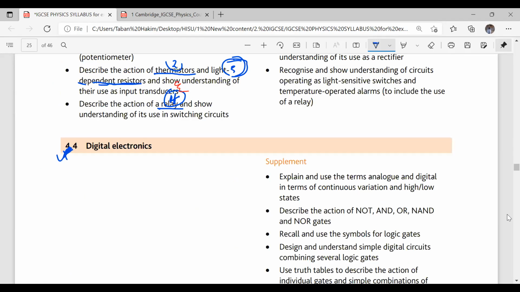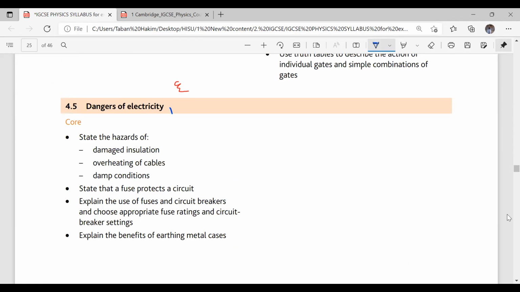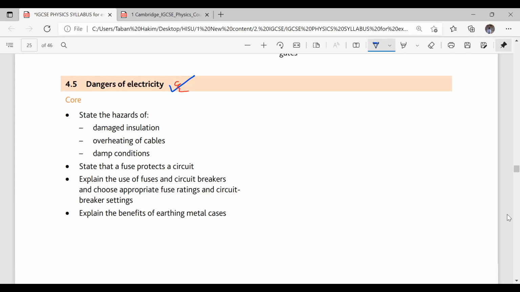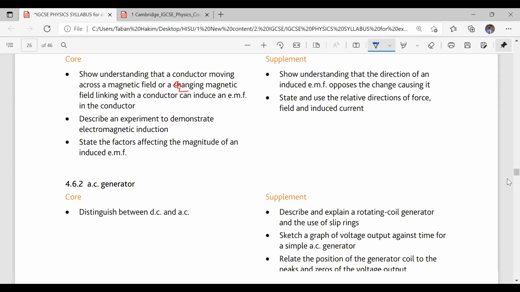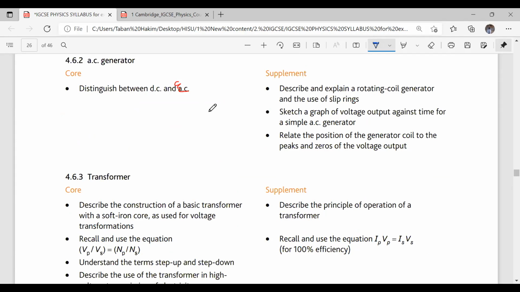Then after that, we shall go to the dangers of electricity. And then we go to electromagnetic effects. I hope that you're seeing what is on the screen, guys. Are we seeing what is on the screen? Yes. Okay. So the AC generator, the transformer.